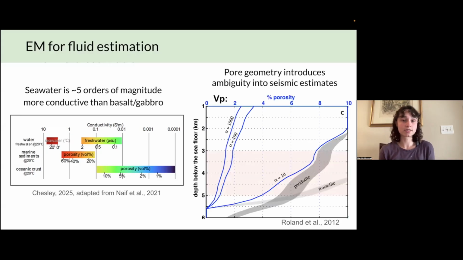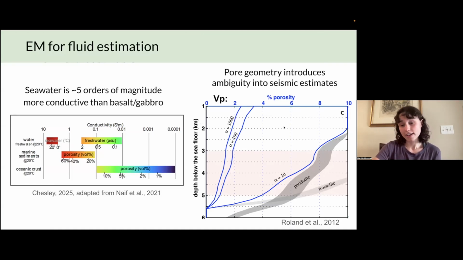You can also use seismic methods to think about porosity, and people have done this actually at the Gofar. So these are results from Emily Roland's 2012 paper, where this is from the active source survey that I showed on the previous slide. So these are estimates of porosity from P-wave tomography with depth in the fault zone.